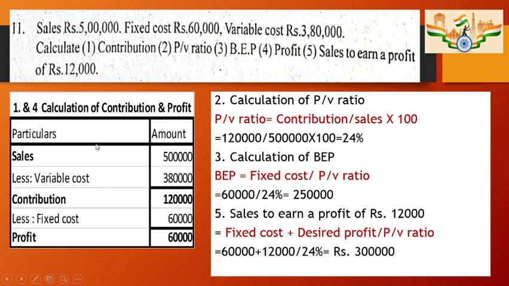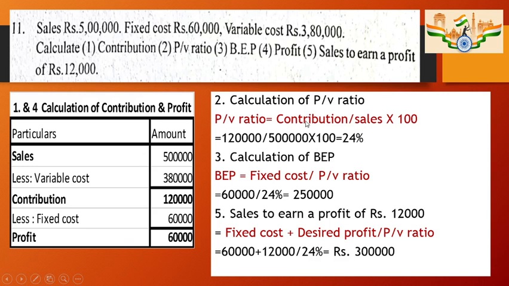Contribution minus fixed cost is equal to profit. So you have calculated the contribution 1,20,000, profit 60,000. Now you have to calculate the PV ratio.